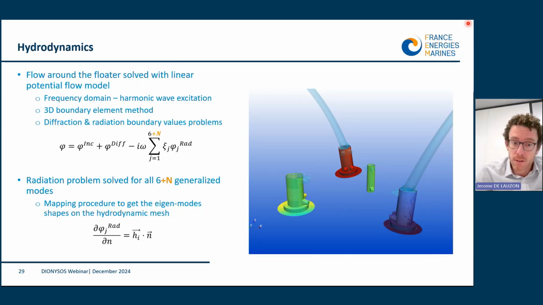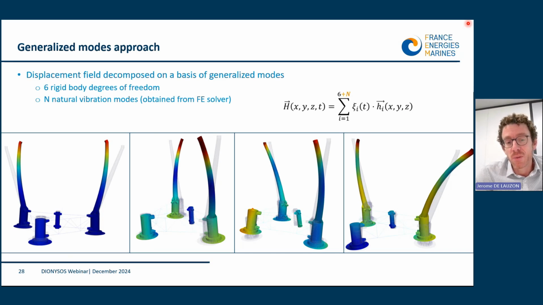So you will decompose the motion on those 6 plus n modes. So here, typically 4 vibration modes of a floater with two towers.